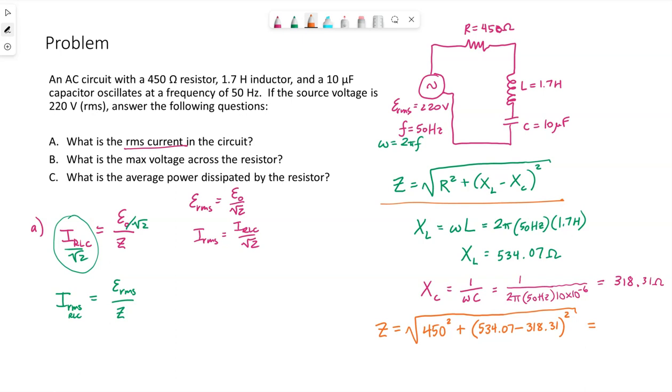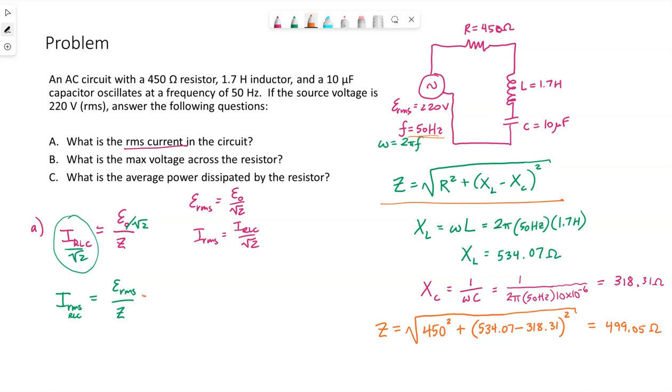I'm getting 499.05 ohms. So approximately 500 ohms. This circuit with this specific resistor, inductor, and capacitor oscillating at a frequency of 50 hertz has an overall resistance of sorts of 499 ohms. That's bigger than R, the actual resistor.